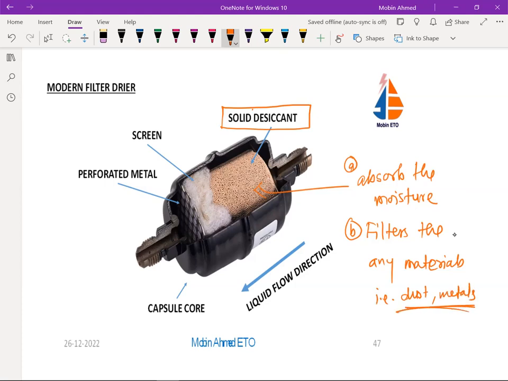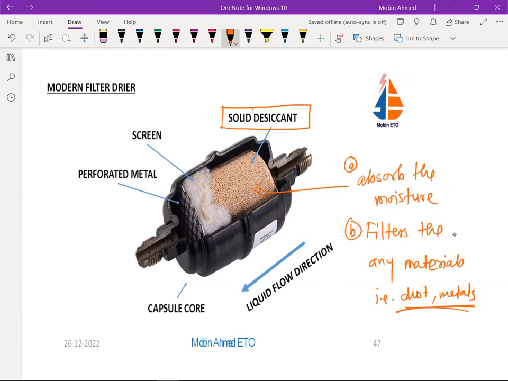If any debris like dust or metals or anything is there, it is going to be absorbed by this one. Okay, so there is a screen, then the metals and desiccant.